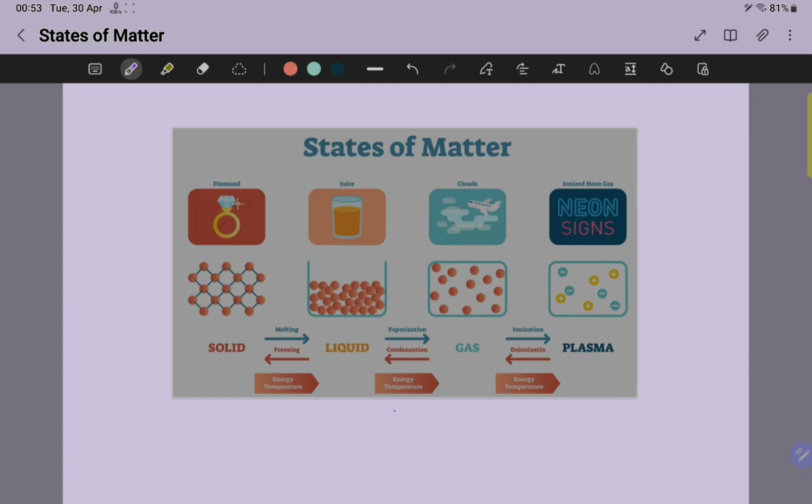Now the third state of matter is gaseous state or the gas, in which the molecules are very away from each other. They are very far away from each other, and there are very large intermolecular spaces between them. Intermolecular spaces means the spaces between two molecules.